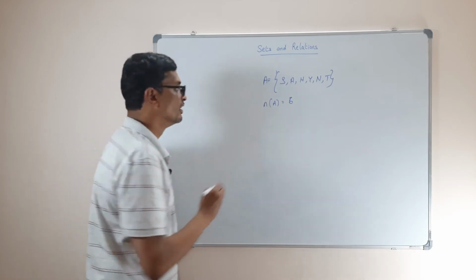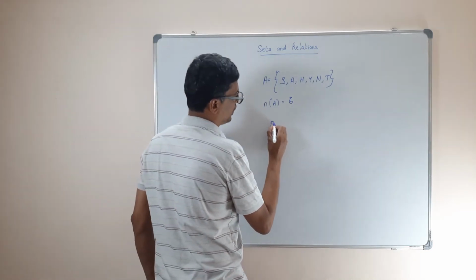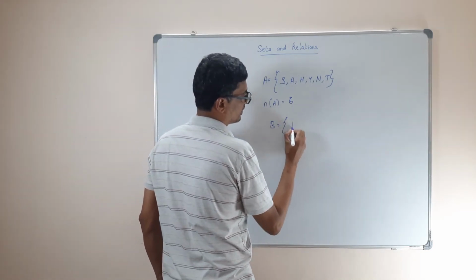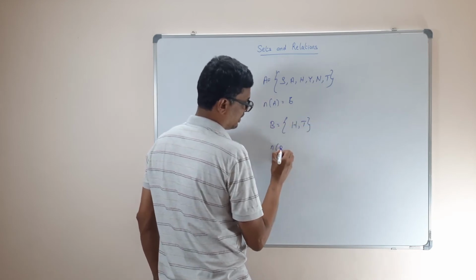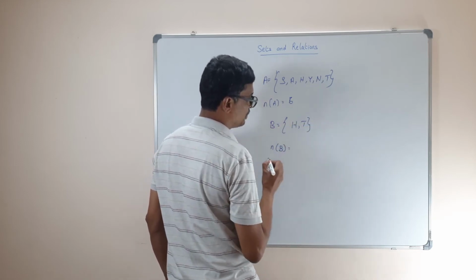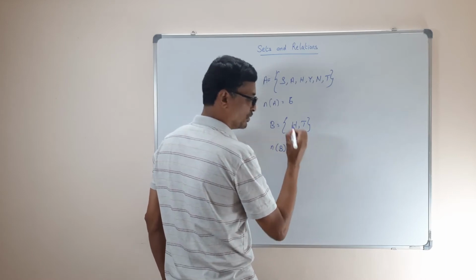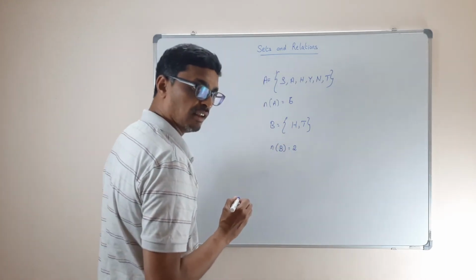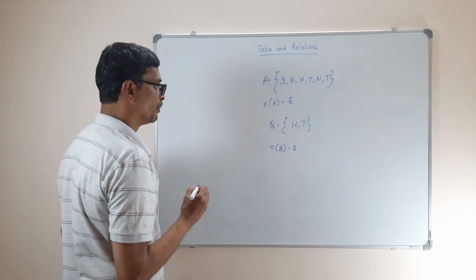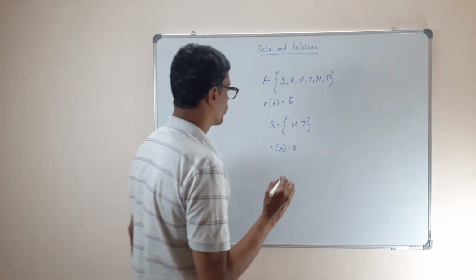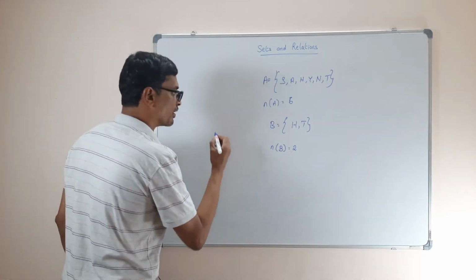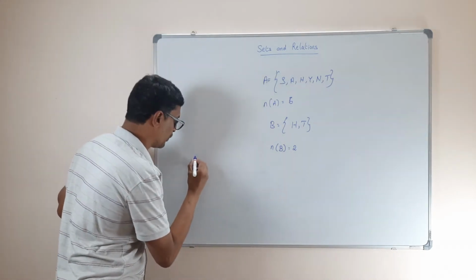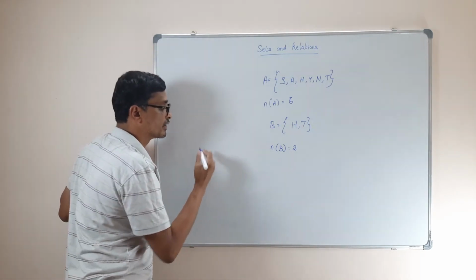Correct? Suppose I write B as the sides of a coin, n of B will be equal to 2. Now I have another one I will write, in set builder form.